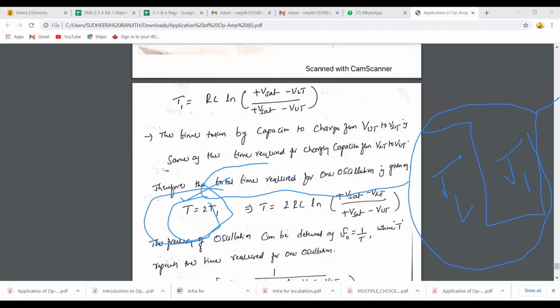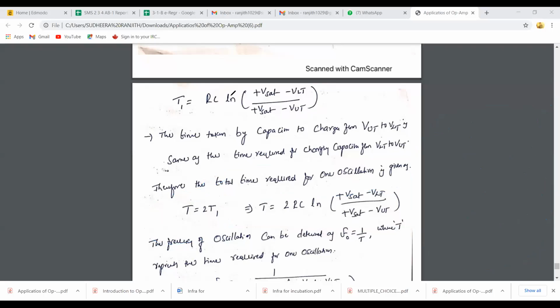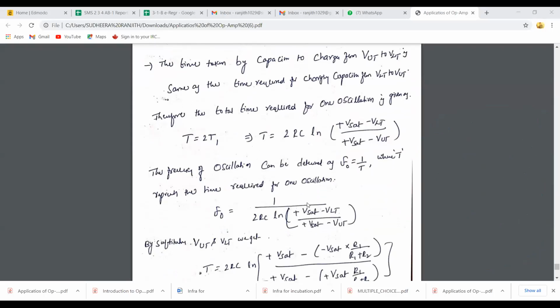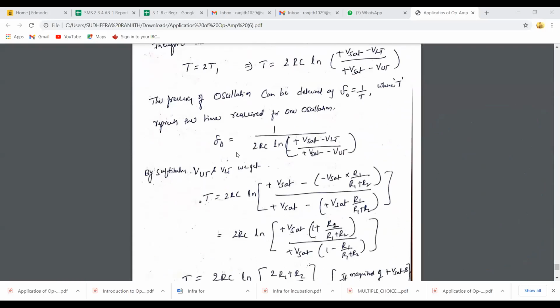So from this we know T1 is already derived here. So 2T1 means 2RC ln of this one. So what is the frequency? Once you know the time period, what is the frequency formula? 1 by T. So that's what I mentioned here, right?